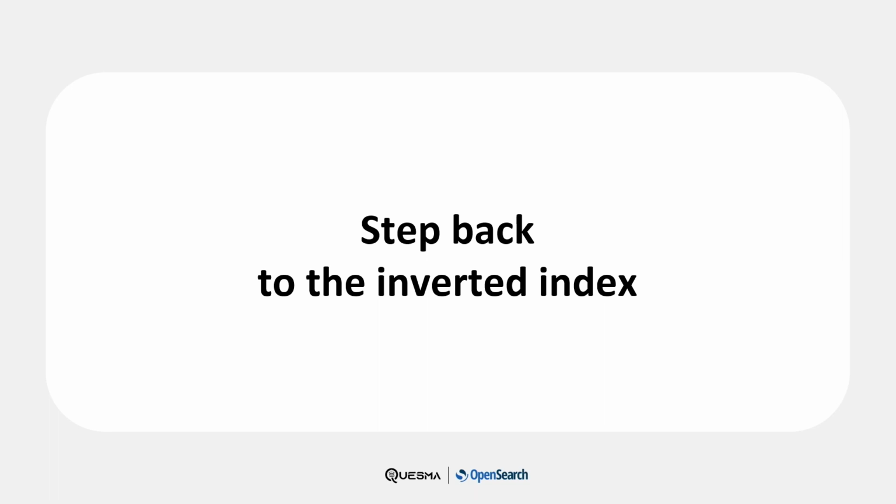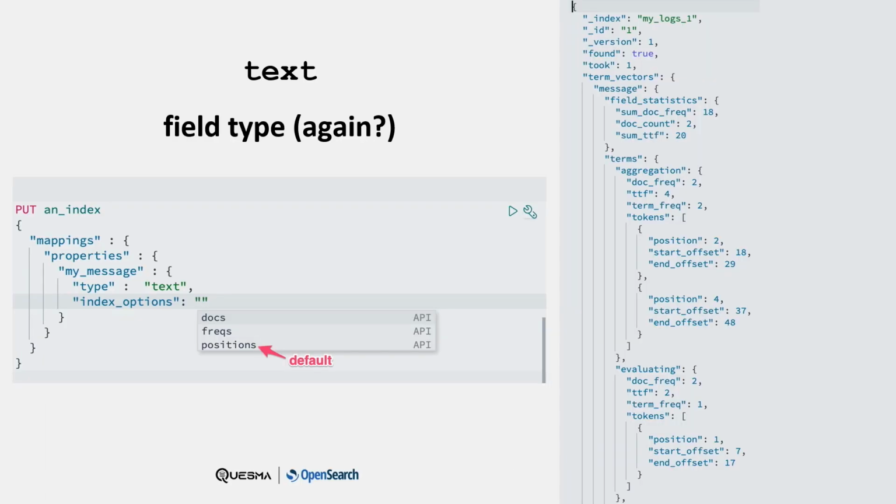I mean data related to specific terms, purely a part of the inverted index, logical data. If you ever paid attention to the index options property of the text field type, you have noticed that there are 3 available options: docs, frequencies, and positions.